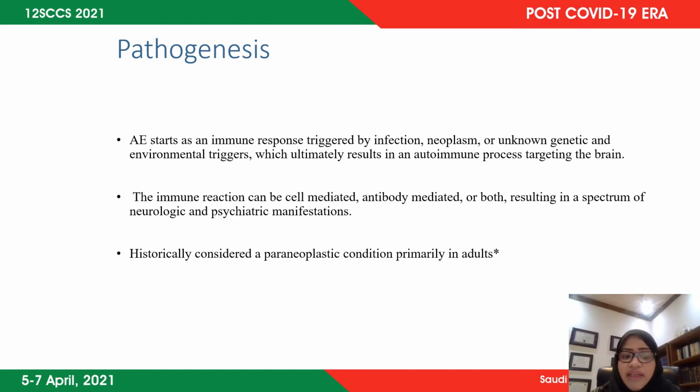So historically, the paraneoplastic condition was primarily an adult diagnosis. And the discovery of immune-mediated antibody in those paraneoplastic conditions and autoimmune encephalitis was basically the origin of the description of autoimmune encephalitis.